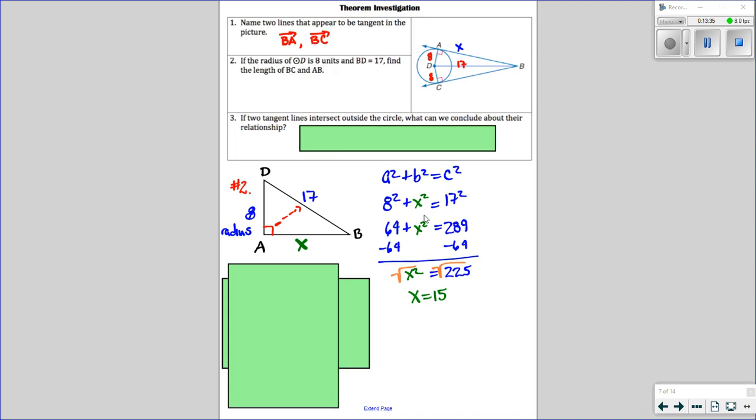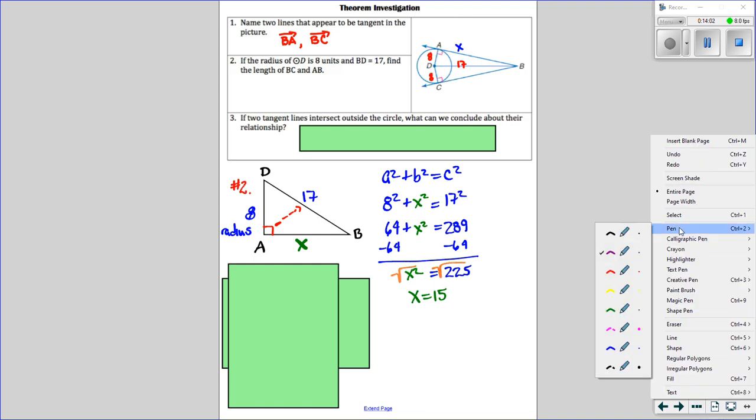A is one of the legs, C represents the hypotenuse, which is 17, and then I'm looking for X. Do all that work. When you have a square with your variable, the opposite of squaring is doing the square root. What you do on one side, you do on the other side, and you find X to be 15. If I did that for the other triangle, CDB, I will get the same thing, so CB will also be 15.